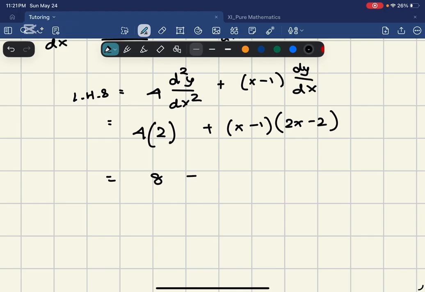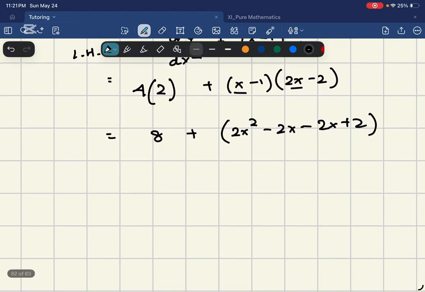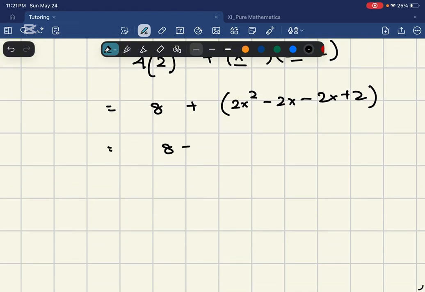And that gives me 8 plus 2x squared minus 2x minus 2x plus 2. So if I expand it out, I get this expression, and I get 8 plus 2x squared minus 4x plus 2. And that simplifies to 2x squared minus 4x plus 10.